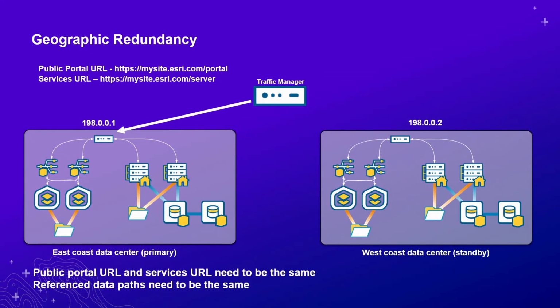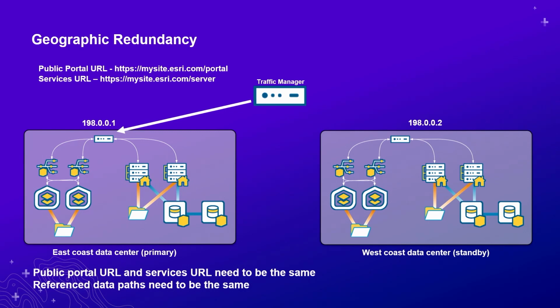So I'd like to go through a theoretical situation involving geographic redundancy. Let's say I have an environment, and one of the requirements is that the public portal URL and services URL have to be the same between primary and standby. So a traffic manager is directing traffic to my East Coast data center, which is my primary data center.